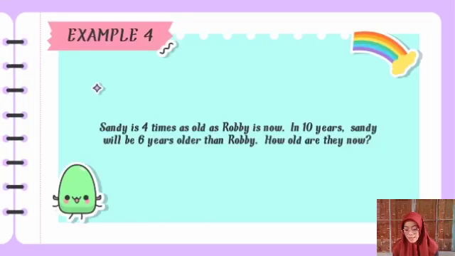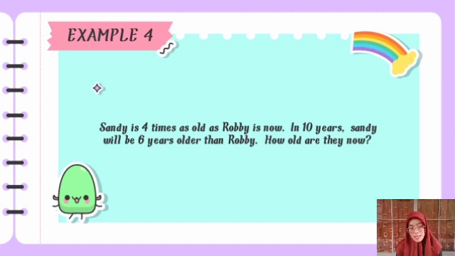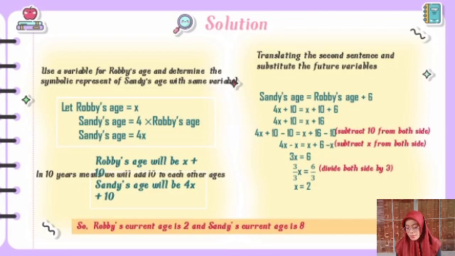Next example is example 4. The question is, Sandy is 4 times as old as Robbie is now. In 10 years, Sandy will be 6 years older than Robbie. How old are they now? Solution.